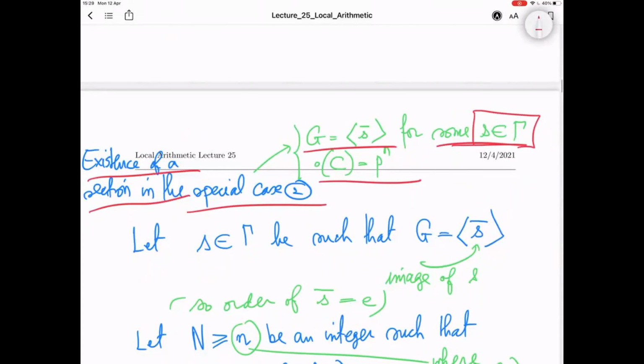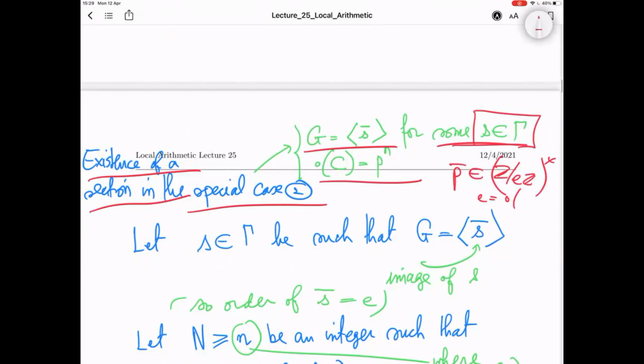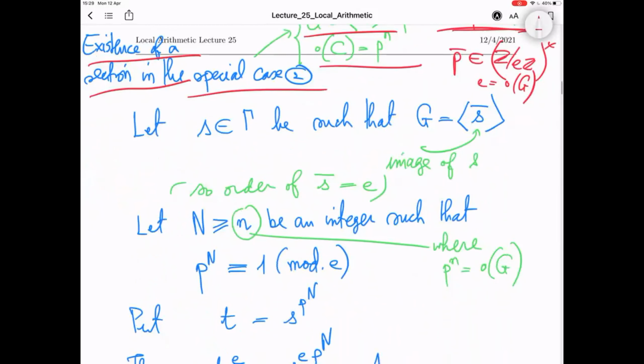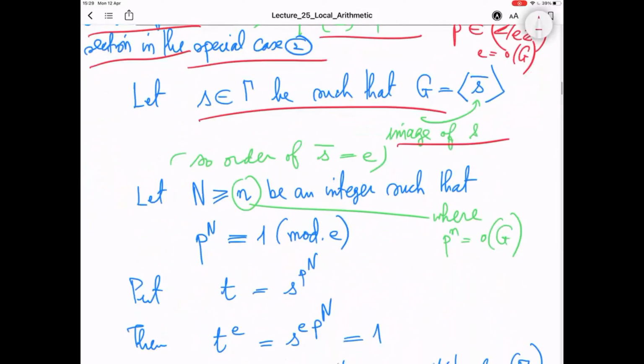And of course, p bar belongs to (Z mod eZ) star, and e is the order of G. So take s such that G is generated by s bar, the image of s, and the order of s bar is equal to e. Because it's a cyclic group, the order of the generator is, of course, equal to the order of the group.